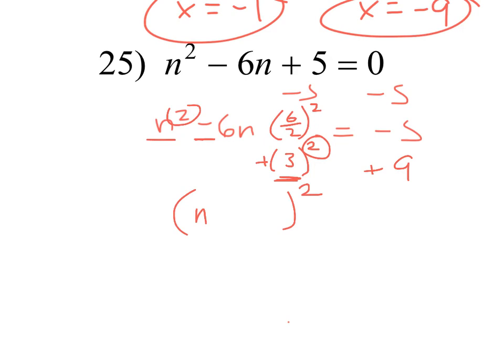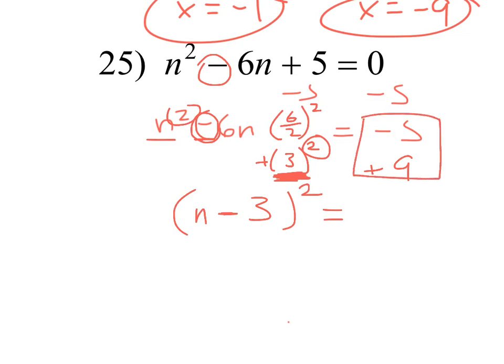We just take the minus sign. If our equation has a minus sign, it's going to be a minus sign in our parentheses. If it had a plus sign, then it's going to be a plus sign. So n minus, and then we take this number, but get rid of the squared. So what's it going to be? Just 3. Perfect. And then it's equal to, and we add these two together. So it's 4. Now what do we do?